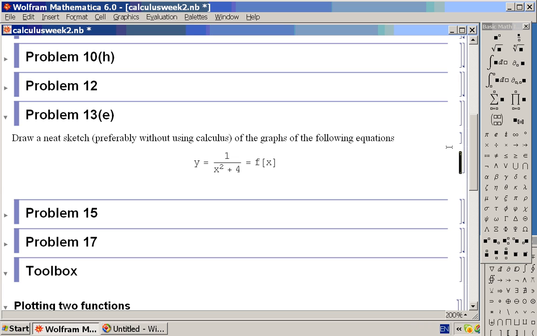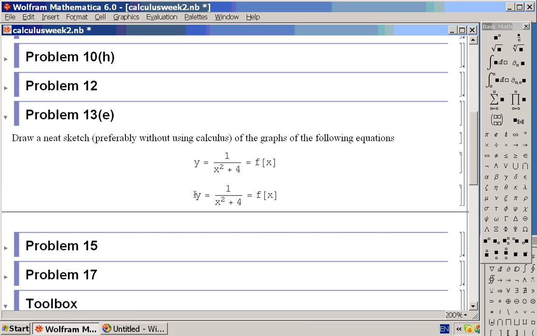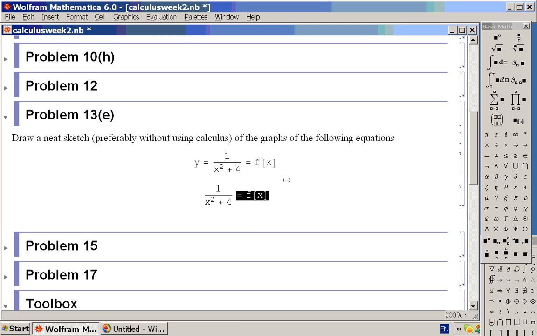The first thing we know is that f of x is positive, because for any value of x, x squared is positive, and we add 4 and it's still positive, so it's greater than 0.